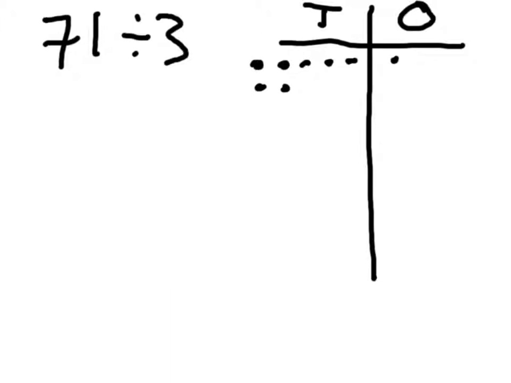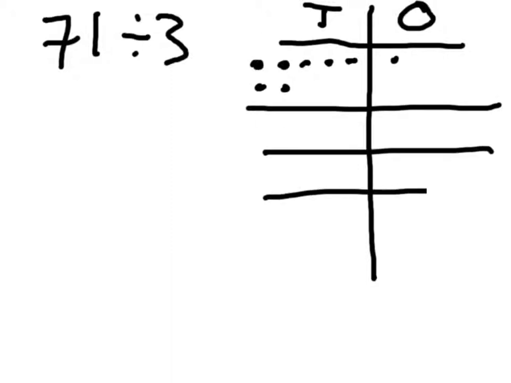Since we are dividing by 3, we draw lines to create 3 rows. Again, we start with the tens and divide them up evenly amongst the 3 rows.